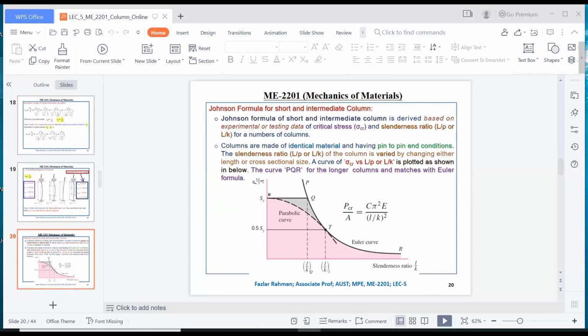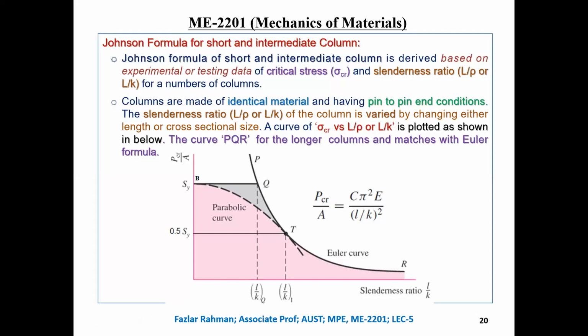So we can start from here. You see here, we derived the Euler equation for long column, right?